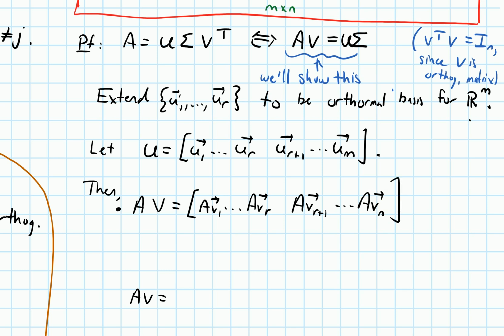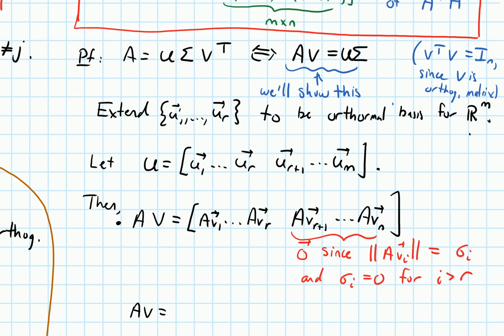So in this matrix, these last columns after the rth column are all 0, since the length of A vi equals sigma i, and we know that sigma i equals 0 for i greater than R.